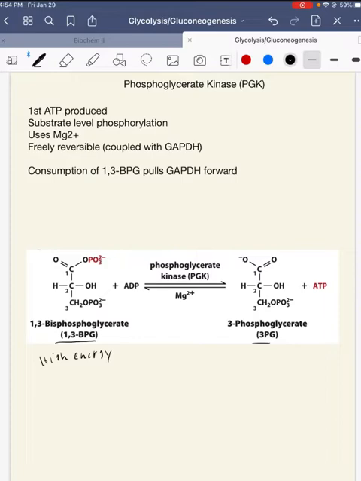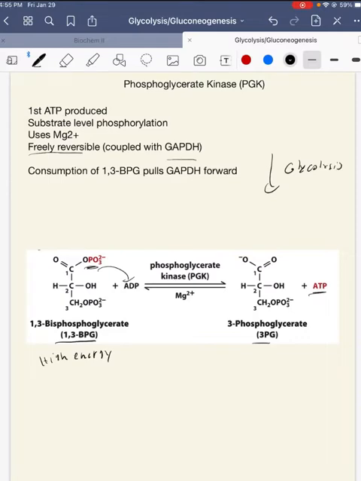This enzyme is freely reversible actually, and it's coupled with GAPDH. It takes ADP, and we take this phosphate and put it on ADP, and then we make ATP. So consumption of 1,3-BPG can actually pull GAPDH forward, helps it to run faster in the downward glycolysis direction, and it uses substrate level phosphorylation.